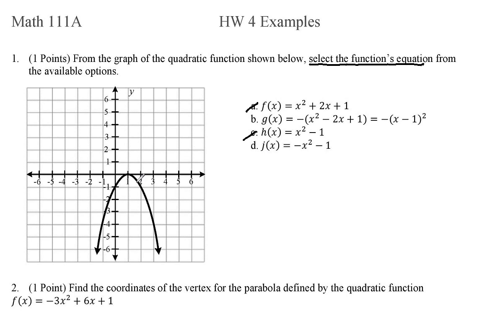So it's flipped upside down, that's going to be the negative out in front, and then it's shifted to the right 1 unit. So it's right 1 unit, and then it's flipped upside down, so reflect over the x-axis.